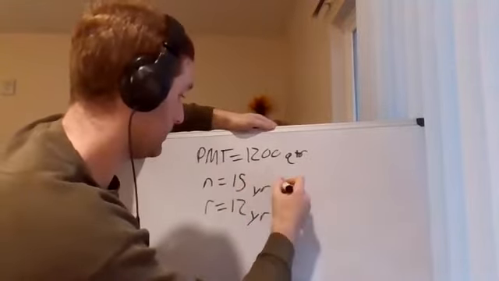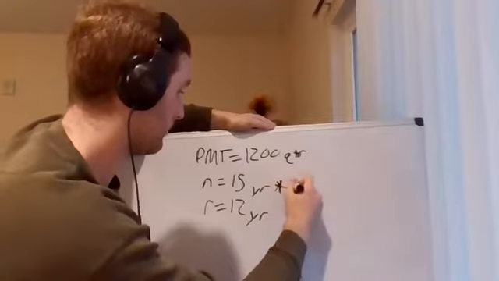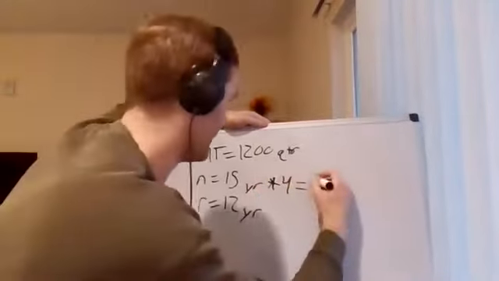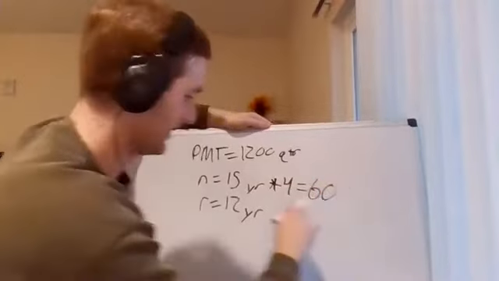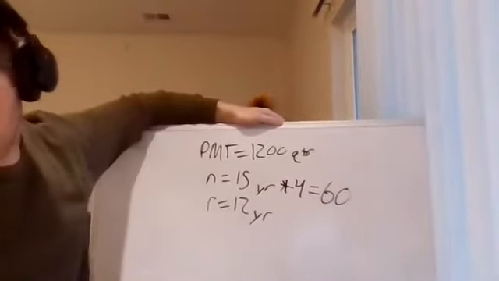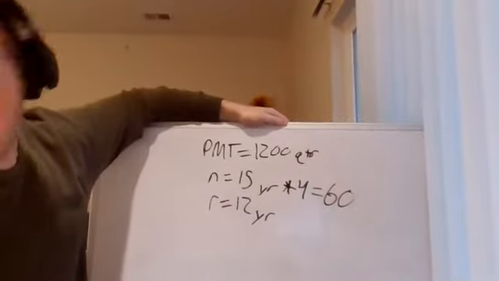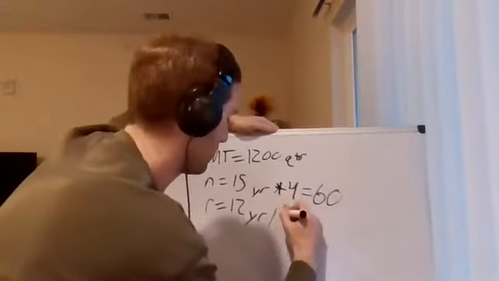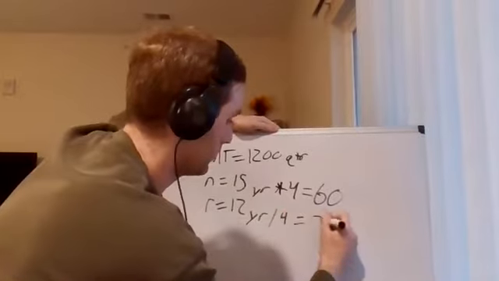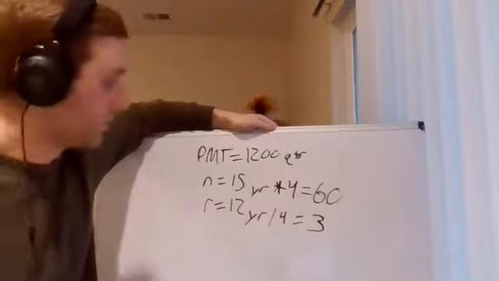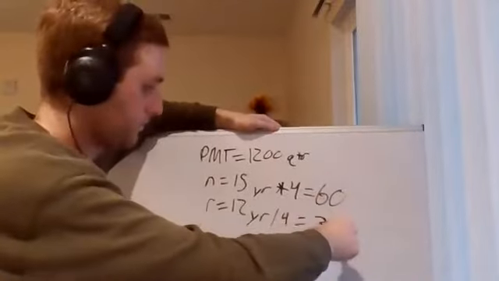We have to times 15. We've got to turn this into quarters by 4, equals 60. Don't try to read notes while you're doing math. And we have to turn our 12% into quarterly as well, which equals 3. We converted. So now all of these are in quarters.